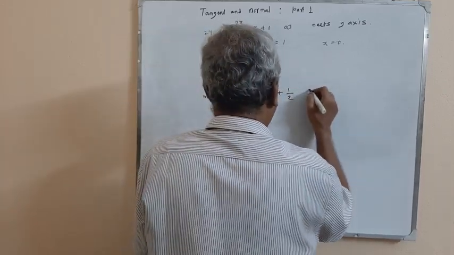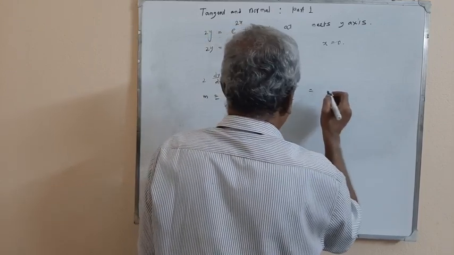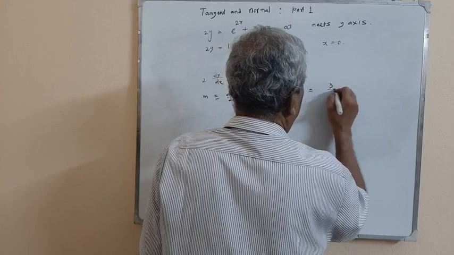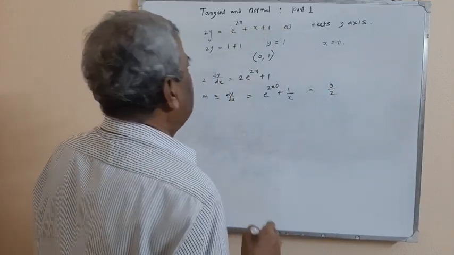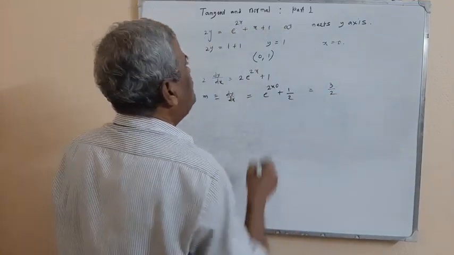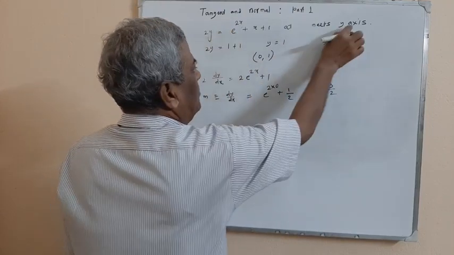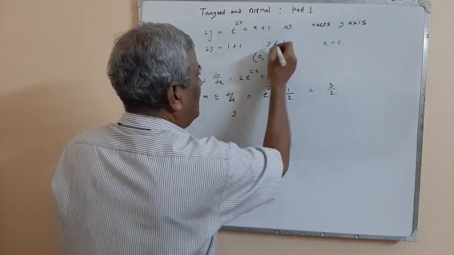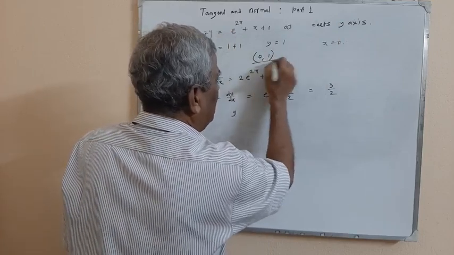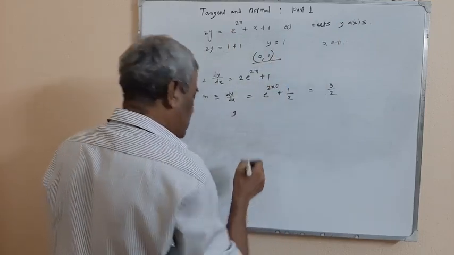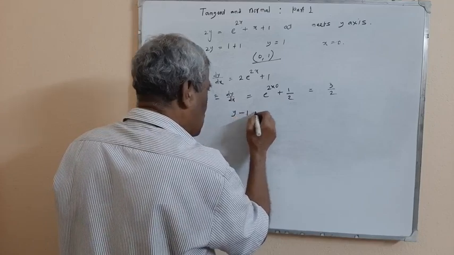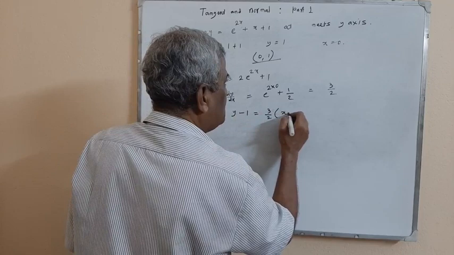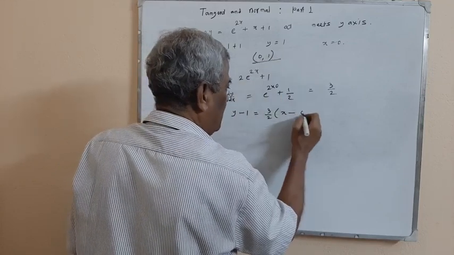So it is equal to e^0 = 1, 1 + 1/2 = 3/2. So the equation of the tangent of that curve where it meets the y-axis, at the point (0, 1), is y - y1 = 3/2 (x - x0).